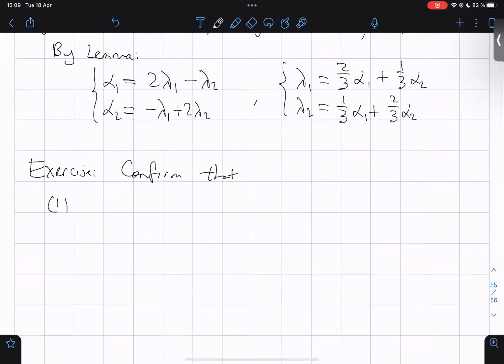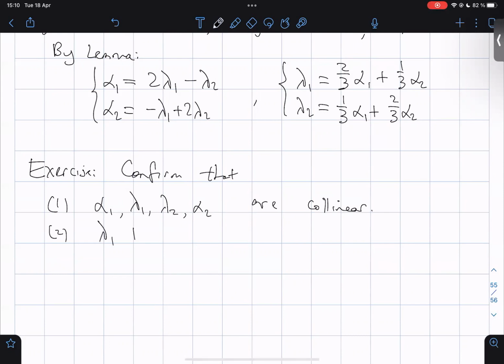Confirm that alpha 1, lambda 1, lambda 2, alpha 2 are collinear. This is not necessarily going to be a true thing in other simple Lie algebras. But for SL3, this is true.